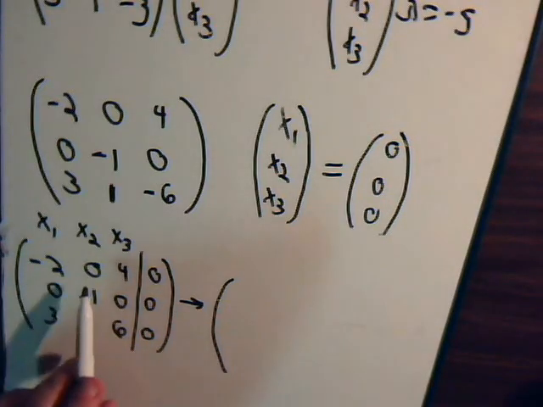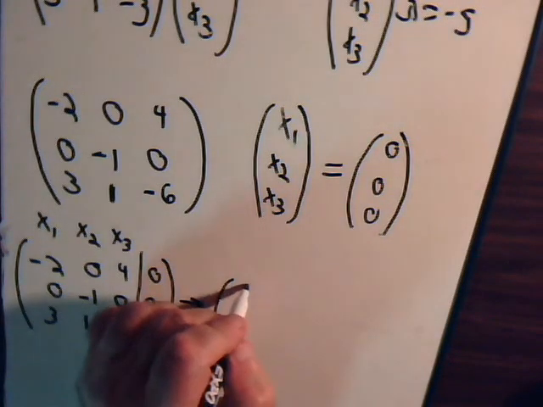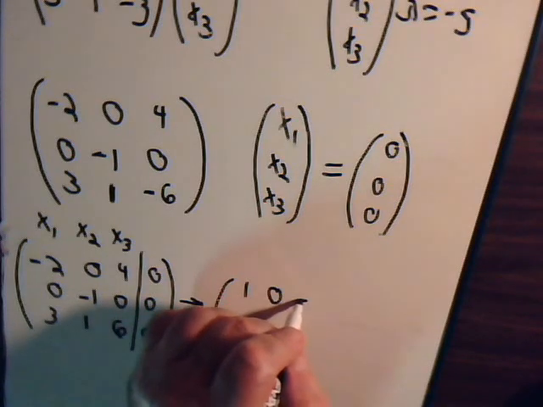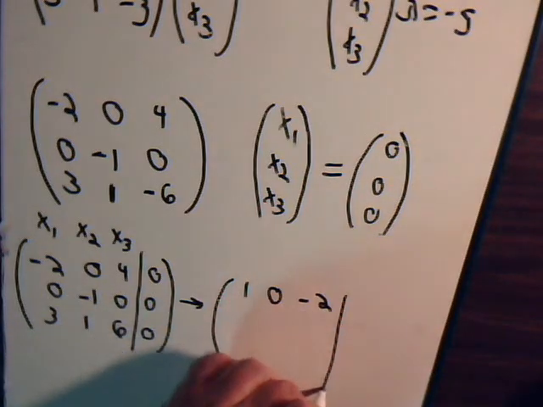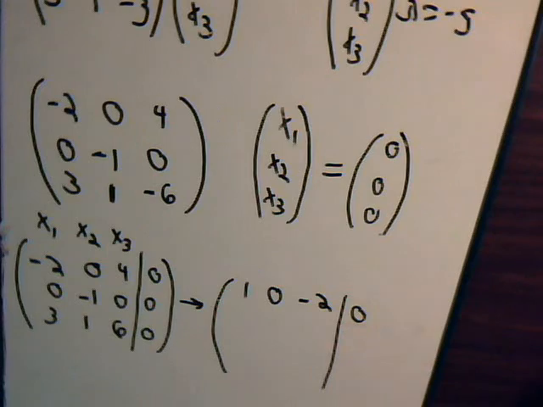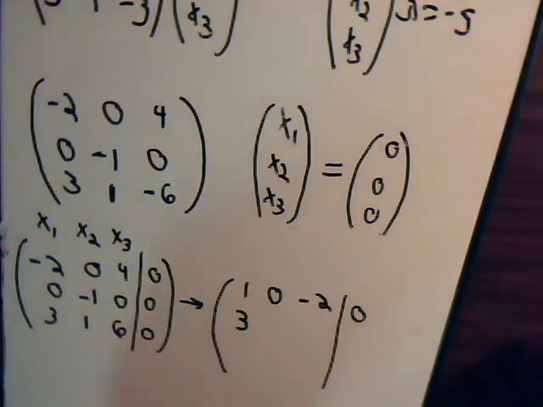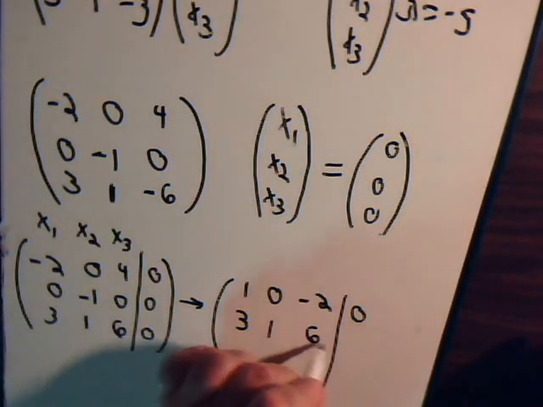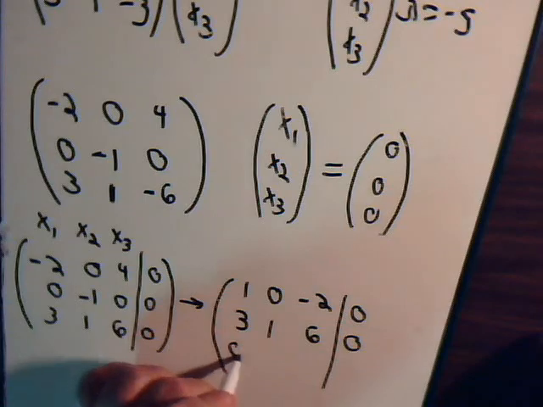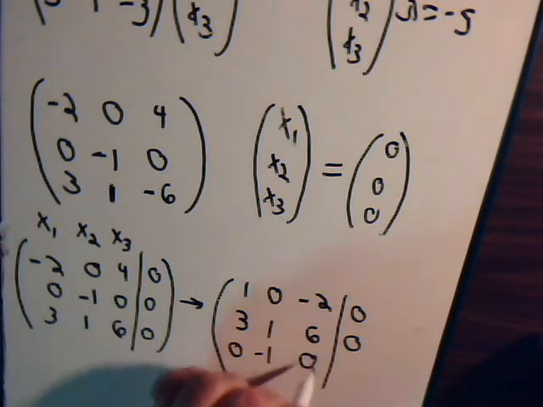That'll give us 1, 0, minus 2. Like this. And let's just interchange these rows here. We have 3, 1, 6, and 0, minus 1, 0.